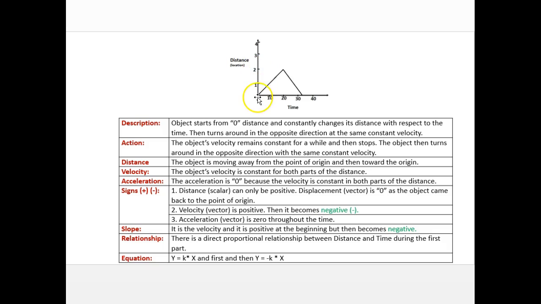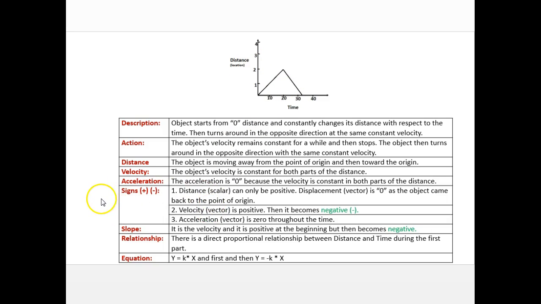It goes up to 2, comes back down to 0. And here is where we have displacement. This is a very good example of displacement, in that the object begins to go in one direction to the right, stops, and then the object begins to come back in the opposite direction. Right? Opposite direction.